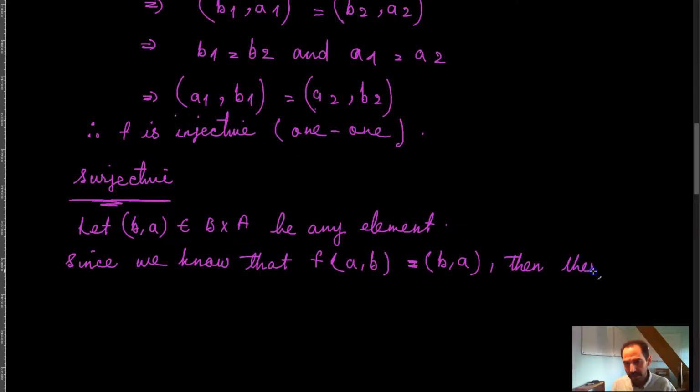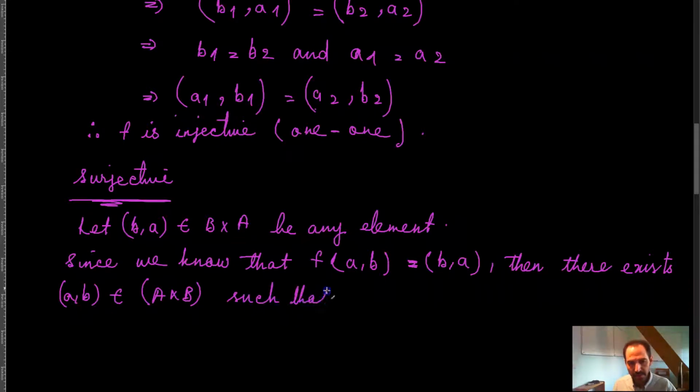there exists a comma b belonging to the Cartesian product of a and b, such that f of a comma b is equal to b comma a, by, of course, the definition of the function, right?